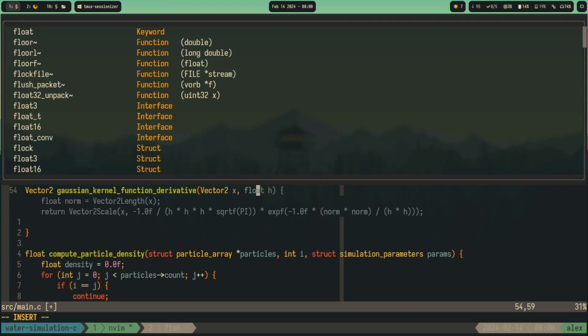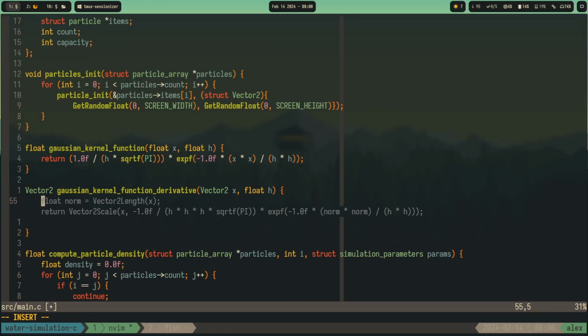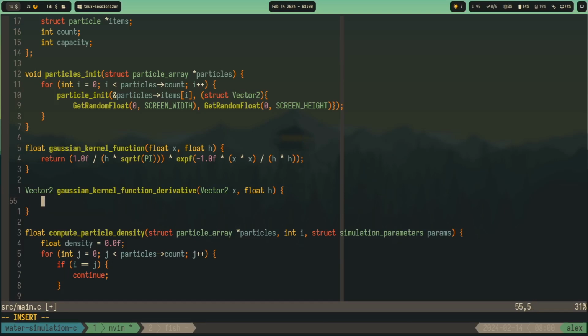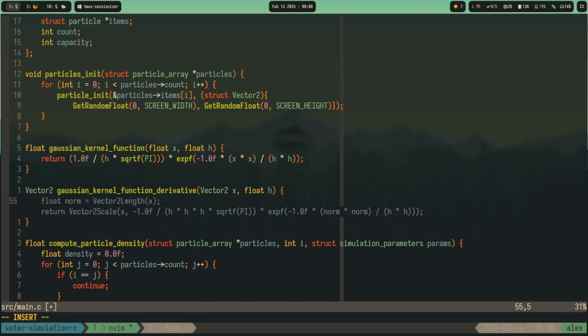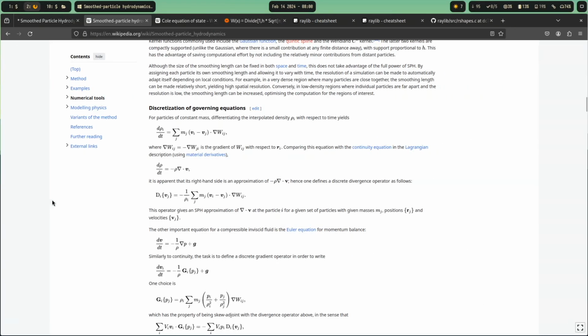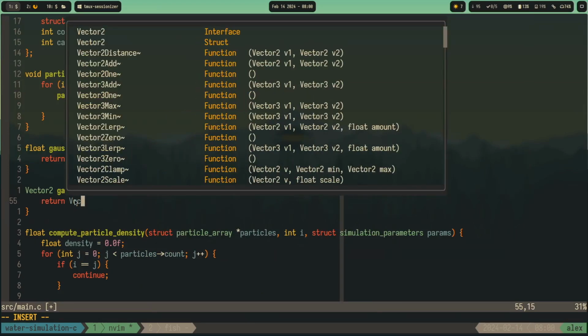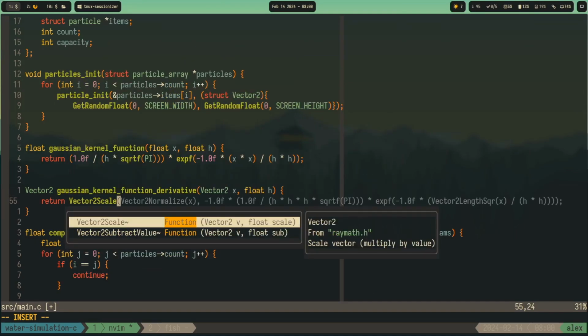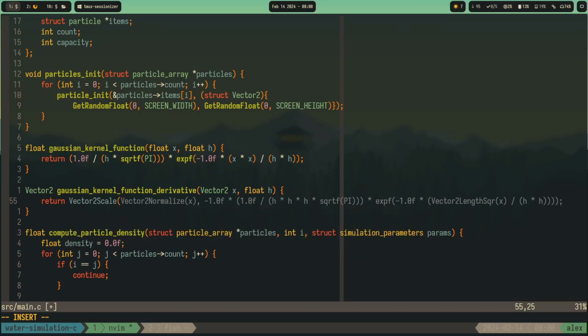And then we have the float h, right? So when we do this thing, let's actually just do return vector to scale. I saw this thing. Scale vector multiply by value. Okay. So you give it the vector and the value.